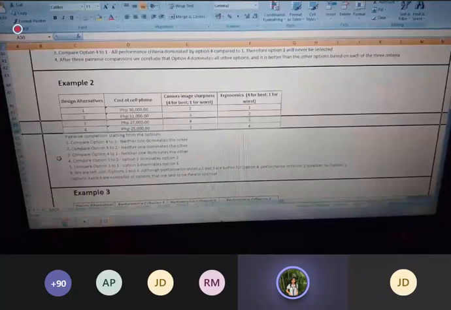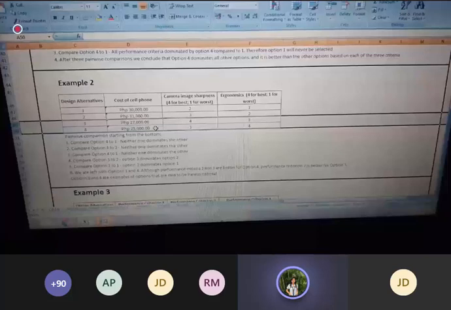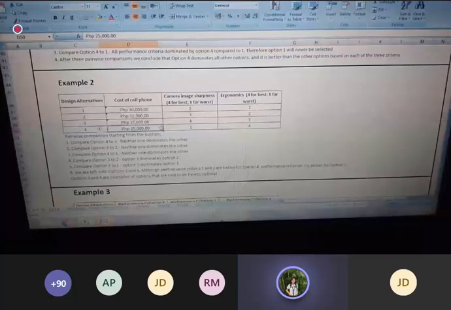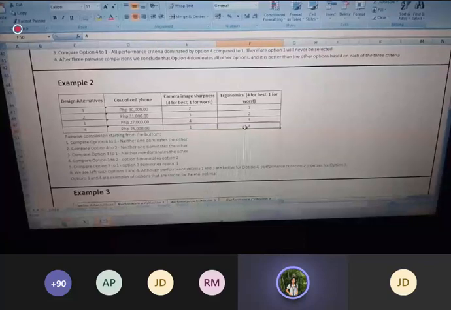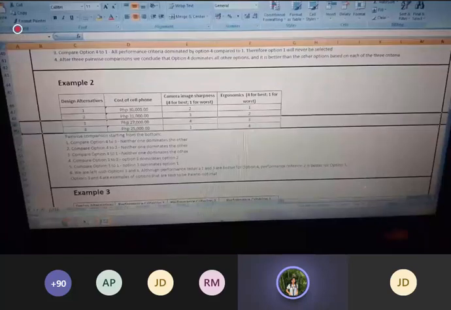So comparing options 4 to 3, when it comes to the cost of the cell phone, design 4 is better. When it comes to the camera image, design 3 is better. When it comes to ergonomics, design 4 is better. So neither one dominates the other for this comparison.